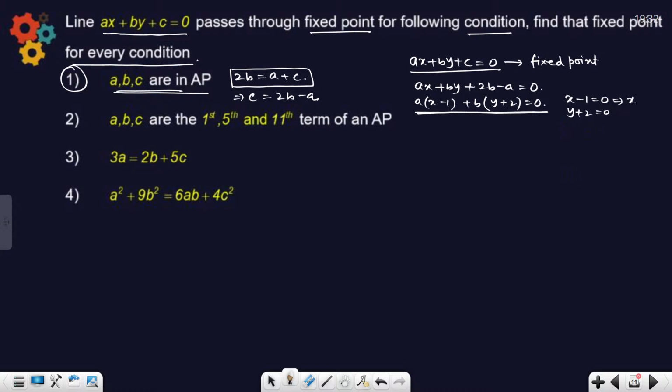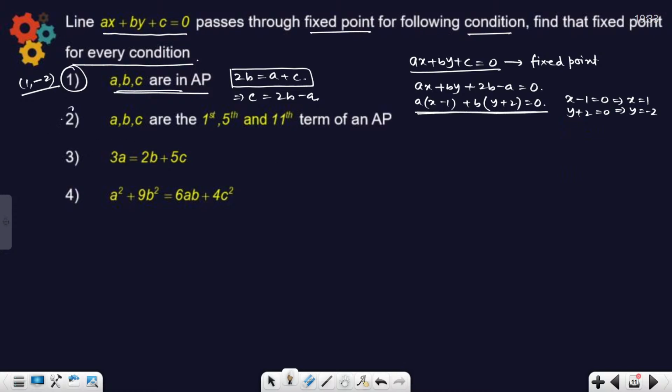So from here we are getting x is 1 and y is minus 2. Therefore, the fixed point for the first problem is 1 comma minus 2. Is it clear to all?